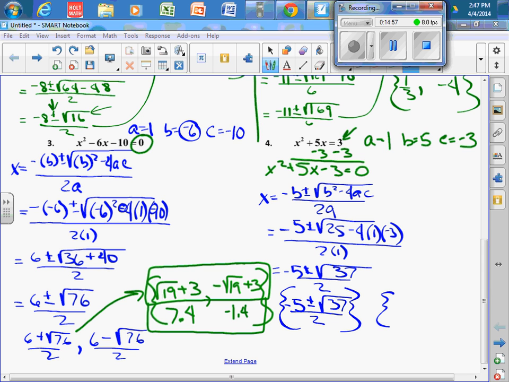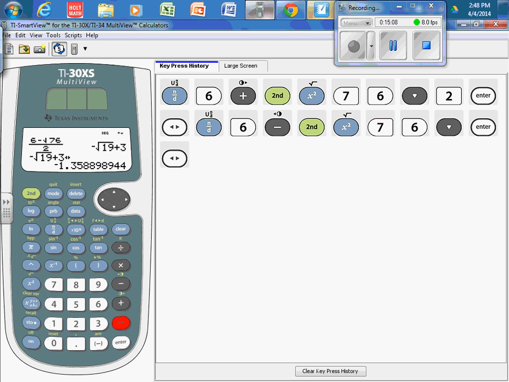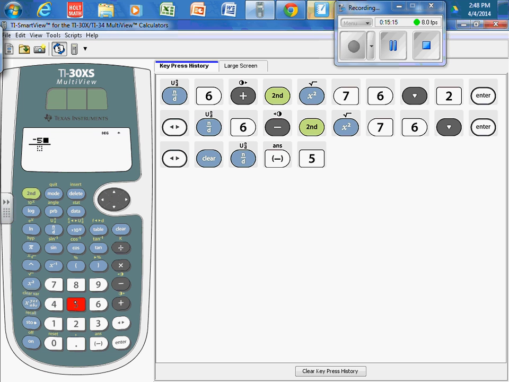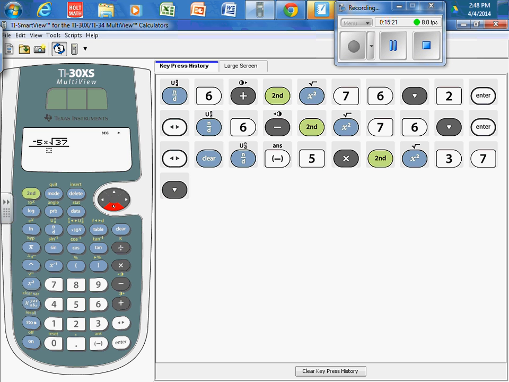And then we need to convert each of those into decimals rounded off to the nearest tenth. So let's take a look at how that would work. Negative 5 plus radical 37 over 2. Fraction bar first. Negative 5 plus radical 37 over 2. Oh, I did times there, didn't I?